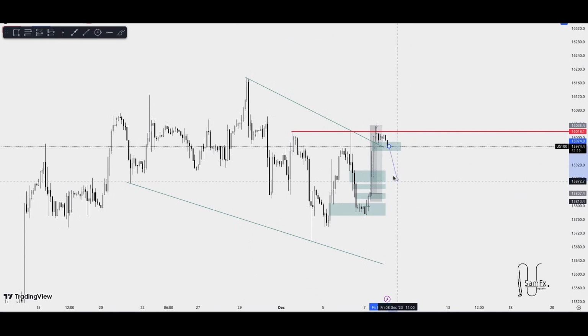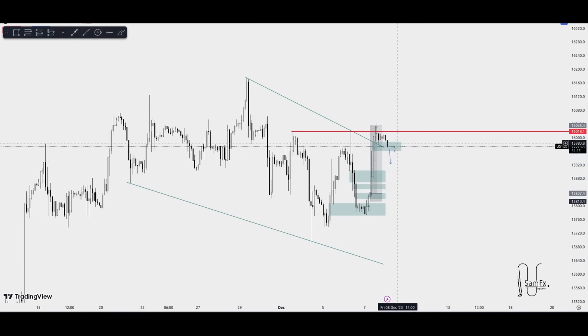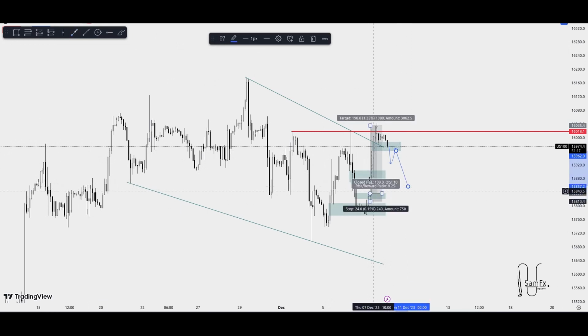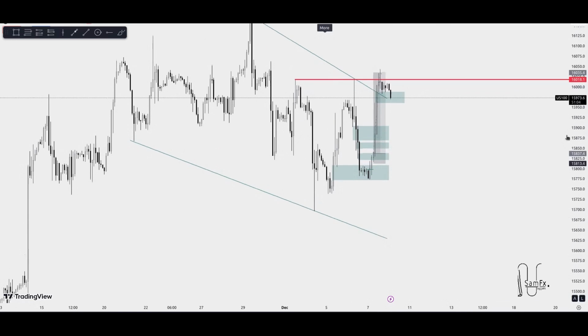If not, I expect price to push below, then come back with a retest and a bounce, and then I would expect price to come back around this fair value gap right over here. Other than that, there's nothing else that I'm looking into. So I guess it's just gonna be that.